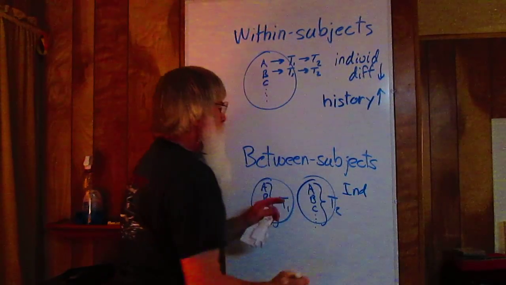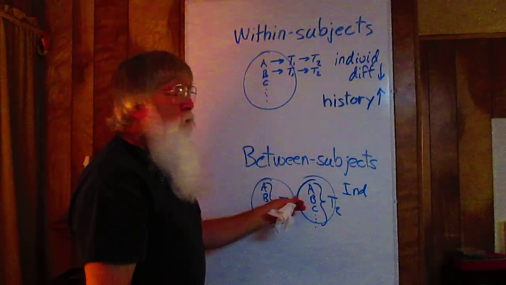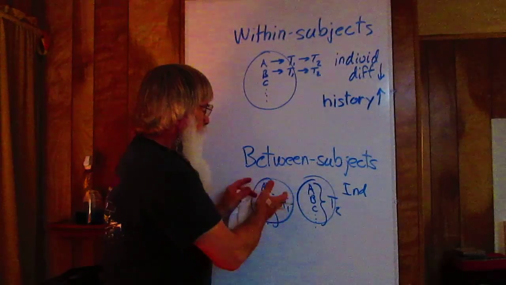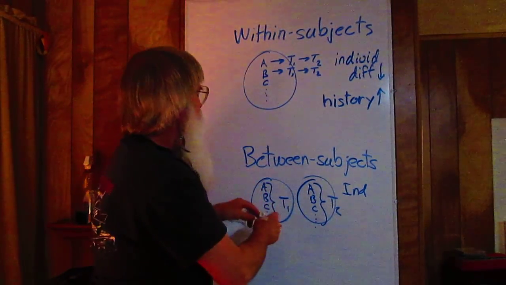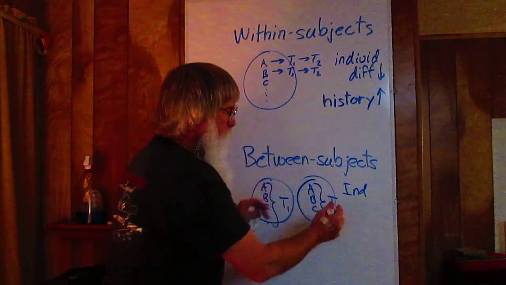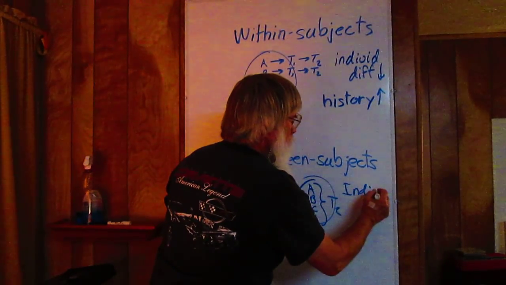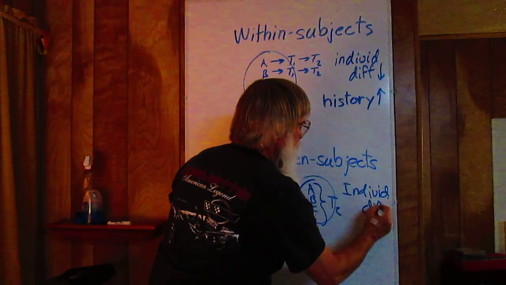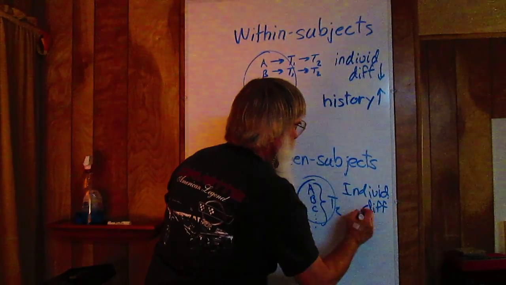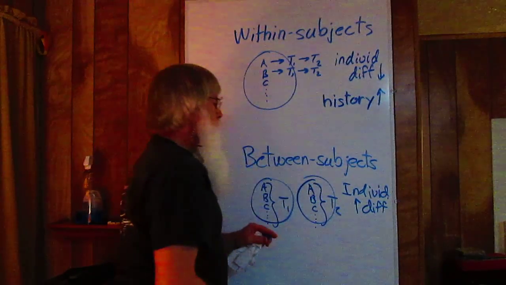Supposing for some reason when we selected our random samples, we somehow ended up with a sample that had more females in it and the other more males. So that might be a confound. So individual differences here can be problematic. Okay?